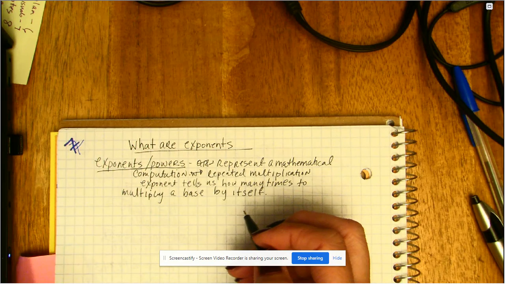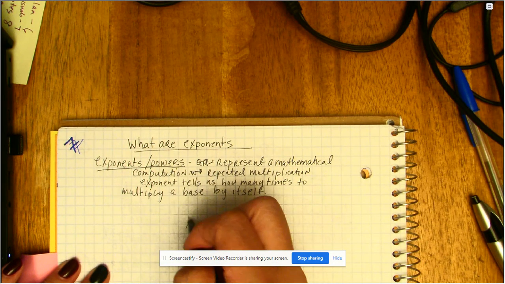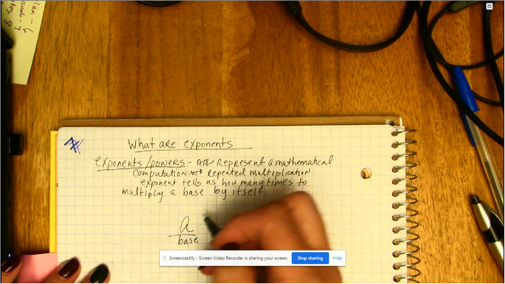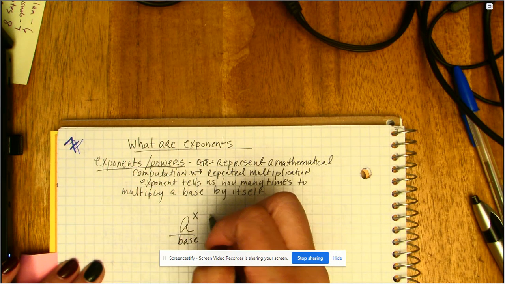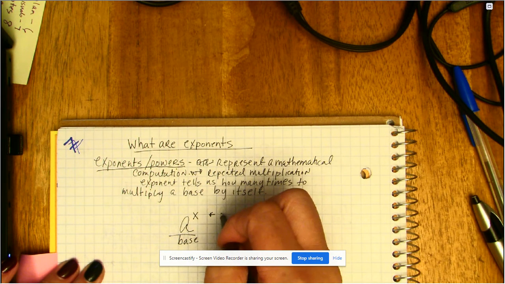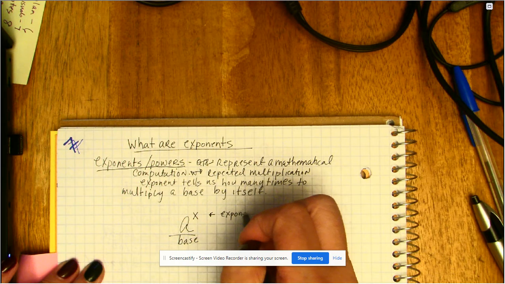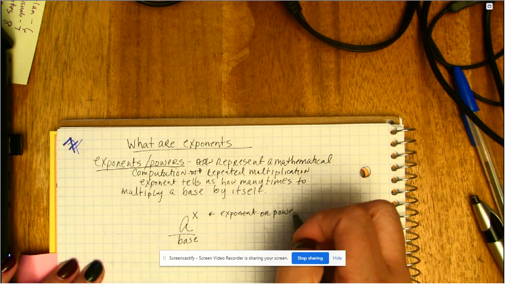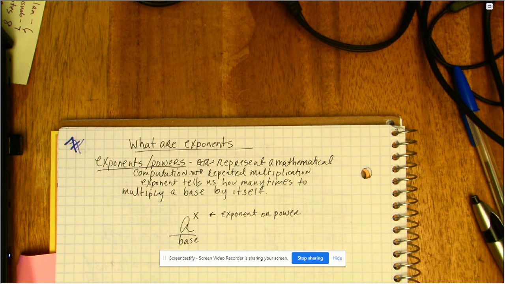So when we look at an exponent, we have what's known as the base and the exponent or power. And every term, and actually every part of a term, has its own exponent or power.